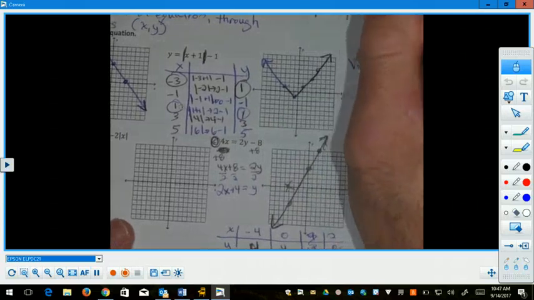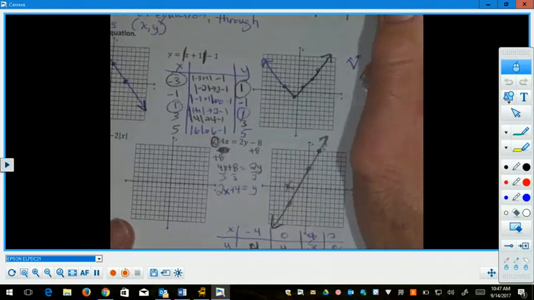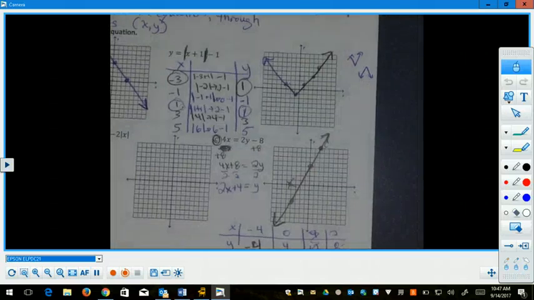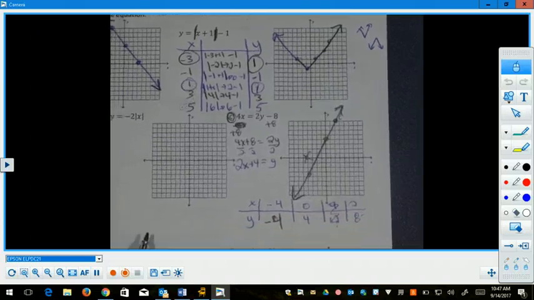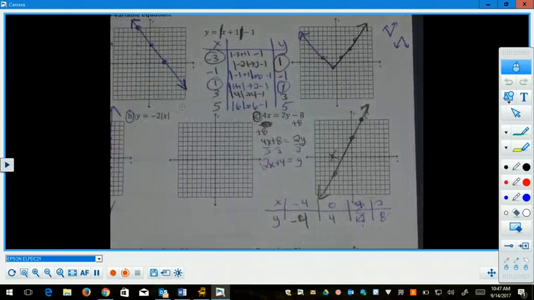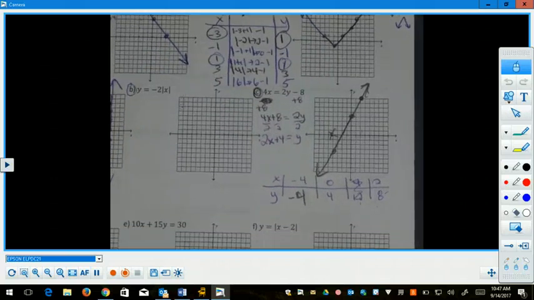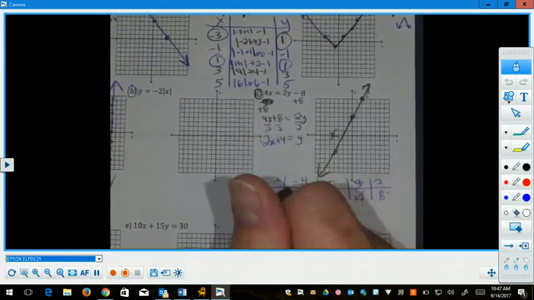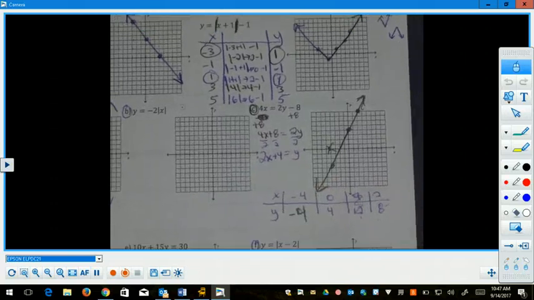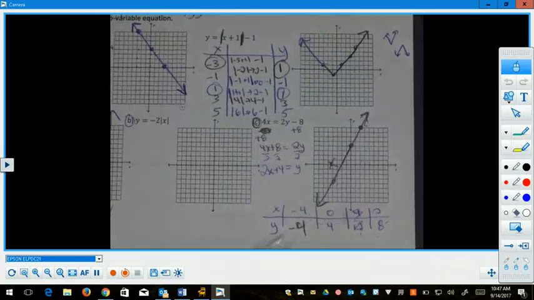You should get a V that opens up or a V that opens down. We'll talk about why they do that later. But right now, I'd like you to try letter B on your own, and then we're going to do letter F together and see if we can make some observations that'll help you decrease the points that you need.